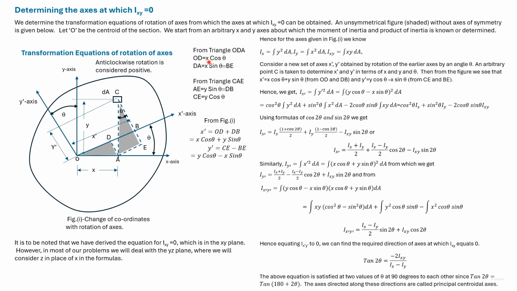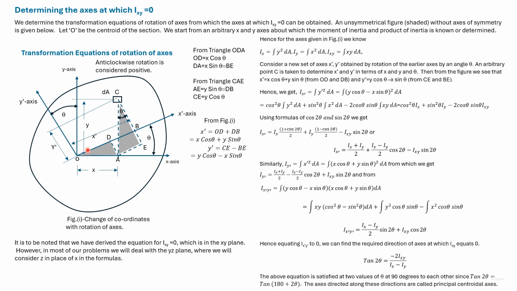They are given here. Now CA is y, so CE is y cos theta and AE is y sin theta as given here. We also have BE equal to EA and BB equal to AE.